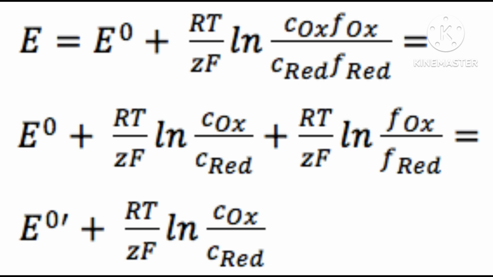Correct? Molar concentration of copper ion. This is the fourth step. Now here the chemistry is finished, the chemistry step is finished. Now mathematics will come, math.